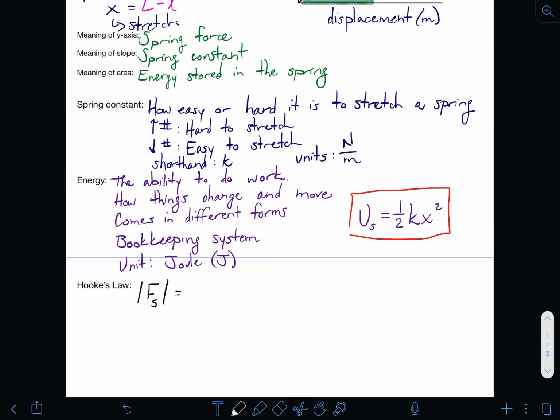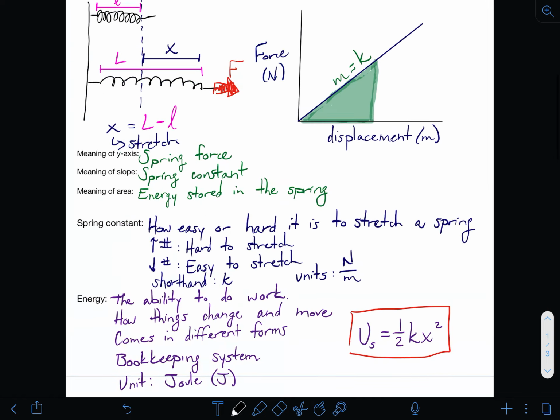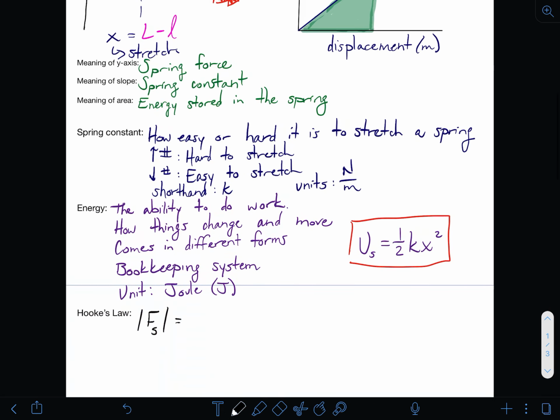Anywho, so this is our y, and our y equals mx plus b. The m is spring constant, so I will write spring constant in here. And then the x is displacement. So this is where the other absolute value bar comes in, is with that x. And we don't have to have a plus b because there is no y-intercept on this graph.